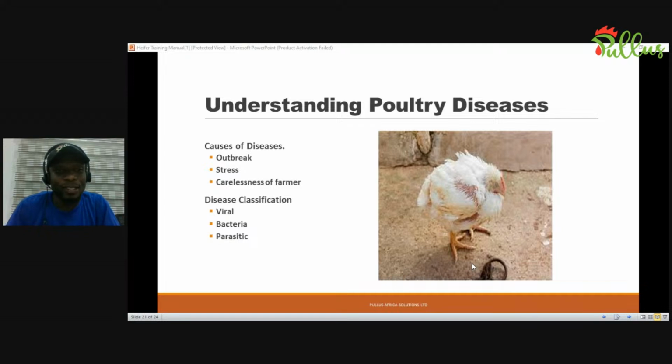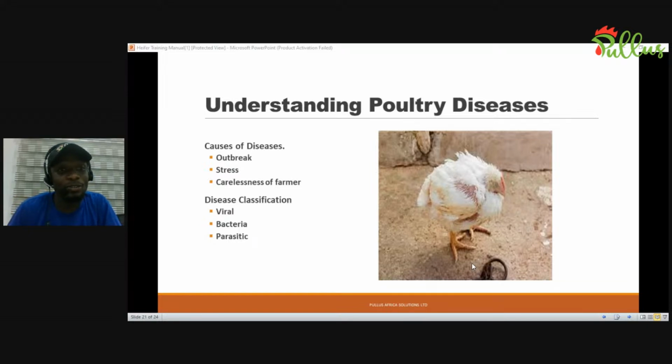So most times you would discover that there are certain little practices, ones that surround hygiene and sanitation. You see farmers who do not wash their drinkers properly, they don't clean their pen, they don't clean the environment. I've seen a pen close to a dustbin, I mean a public dustbin where almost everyone in the area dumps their waste.